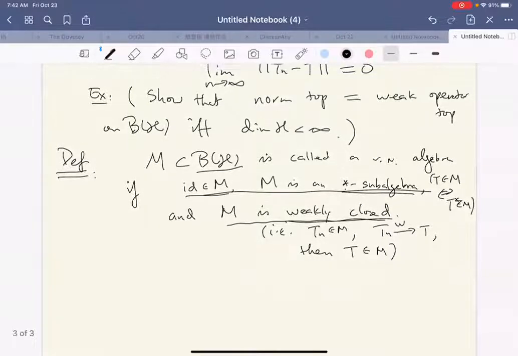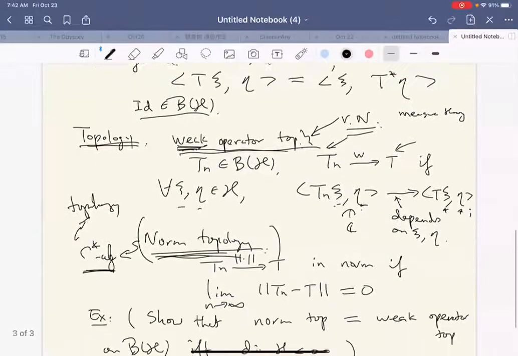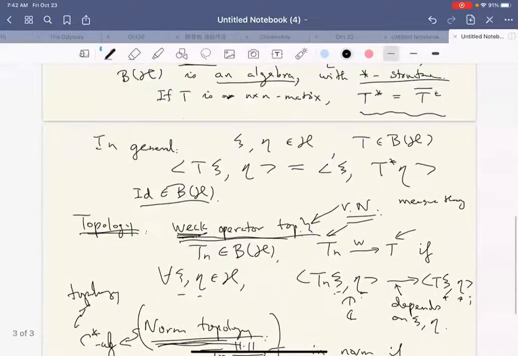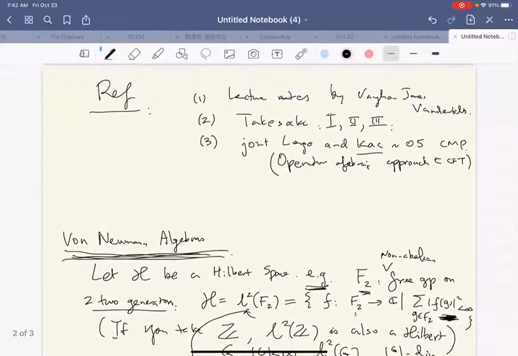Yes. I forgot what I was saying before. Well, you were interrupted by my question that the Hilbert space can be any dimension. Oh, yeah. In Takesaki, if I remember correctly, there is one section where he discusses the non-separable case.